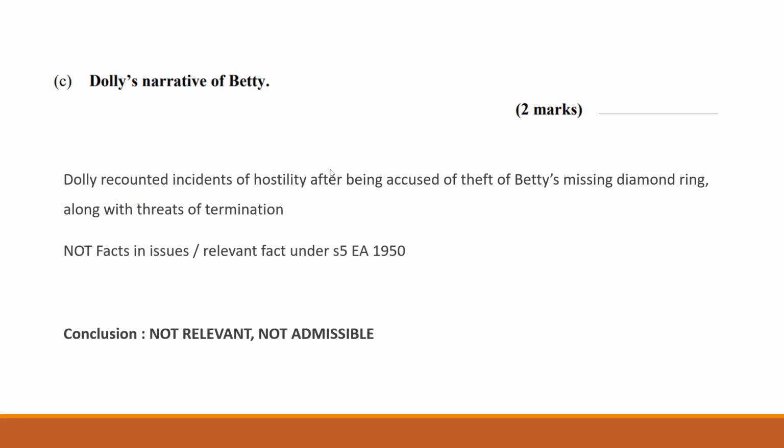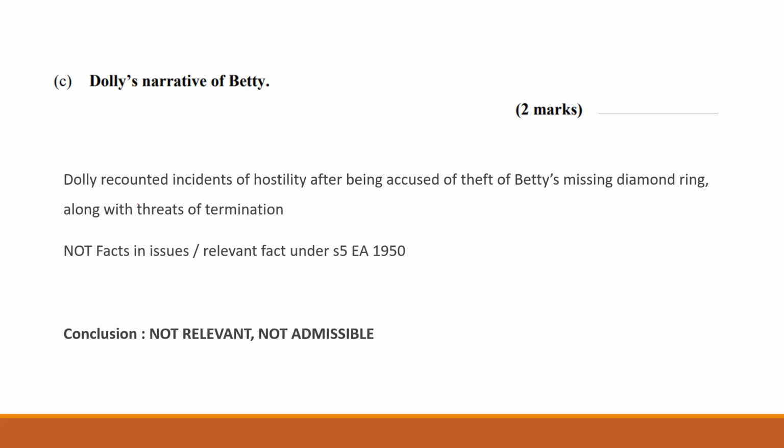So is it something to do with your facts in issue, or relevant, so-called facts declared to be relevant or not? No. The hostility of Betty's, no, it's not about the murder. It's not about the defense raised by Daniel as well. So you can submit this is not relevant and not admissible, so long as you can debate. Okay, because you need to act for prosecution.